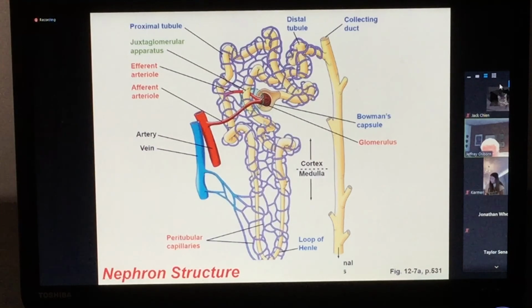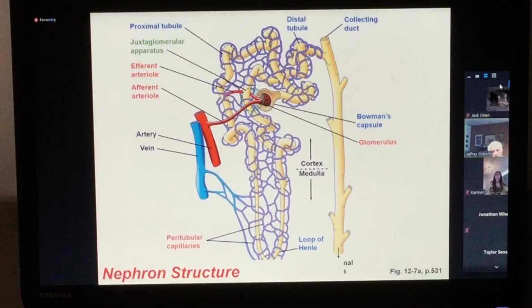Now the last piece I want to show you before we end today is that notice how this nephron, after its loop of Henle, it folds back on itself to give you a juxtaglomerular apparatus.